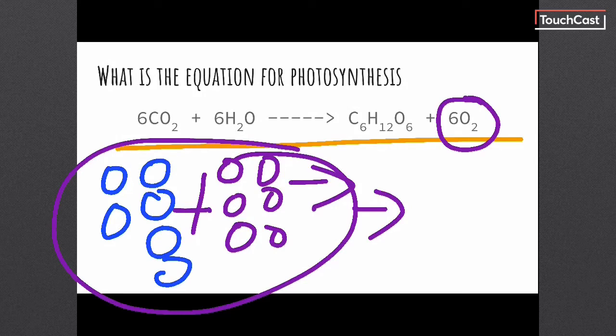So this 6 O2 is that oxygen that we need to breathe in, and this, guys, here is the sugar that the plant makes for energy. Okay, if you notice, you have the same type of letters on both sides. Okay, and that's very important. This is something that you guys will get into in 8th grade, is looking at equations. But it is very important for testing purposes that you recognize this equation, and all you had to do was write down the equation.